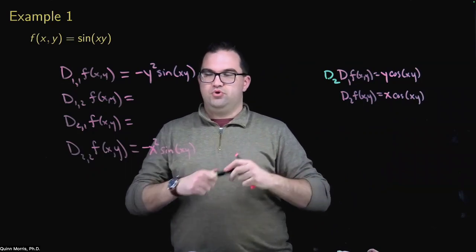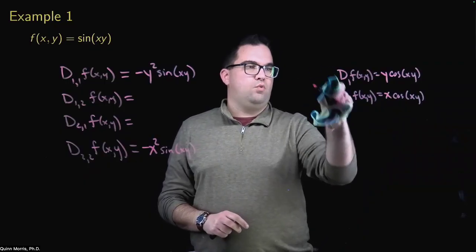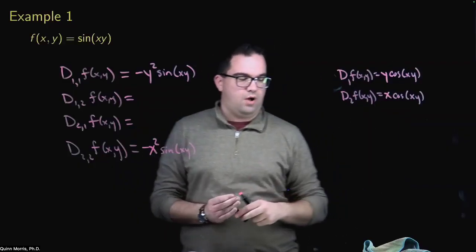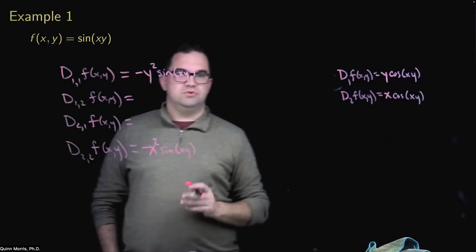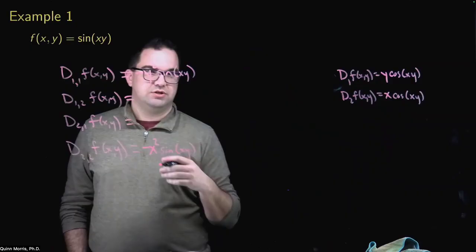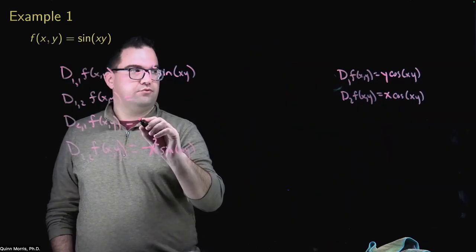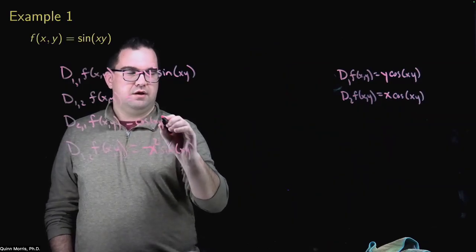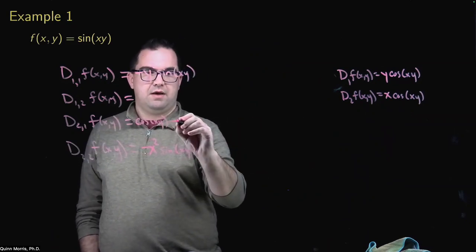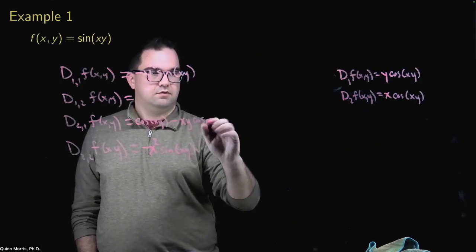So d21 is take the derivative of d1 with respect to the second variable. So now I need to take a derivative of this with respect to y. If I'm going to do that, I need to use a product rule. Again, I imagine y is a variable, x is a constant. Using the product rule, I'll get cosine of x y, and then I'll leave the y alone, take a derivative, and I'll get a minus x y sine of x y.